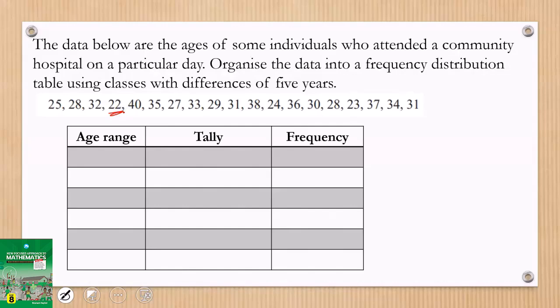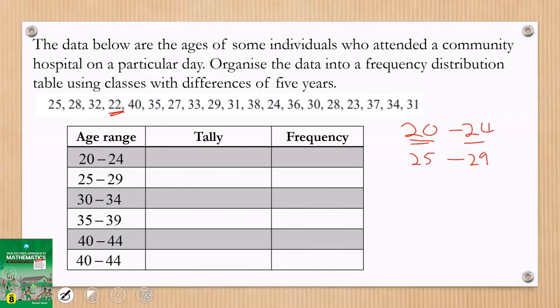If you want to create classes with the upper and lower class, since we have 22 in it, we can start from 20, and because we are looking at a difference of 5 years, from 20 we have 21, 22, 23, 24, so that we have 5 in all. From 20 to 24 is 5 years, you understand? And so we can create 25 to 29 and so on. Then we create, oh, this is repetition, so there's nothing here, so we take it out. So again, we go by the tally approach.